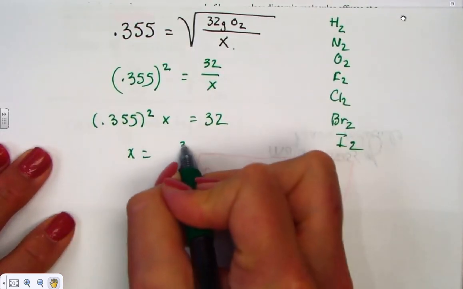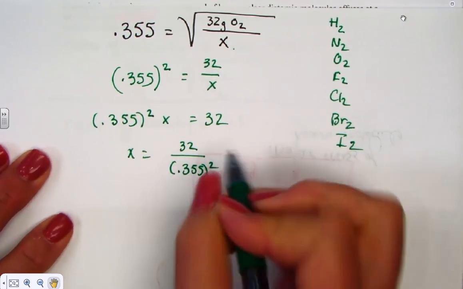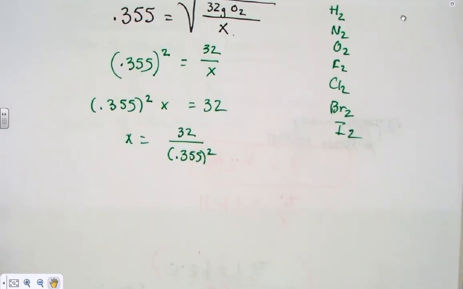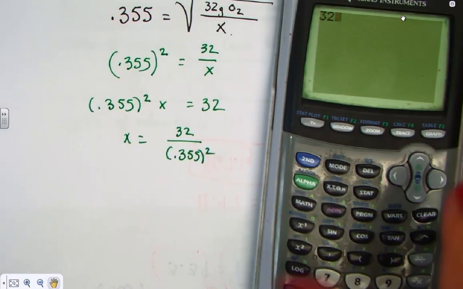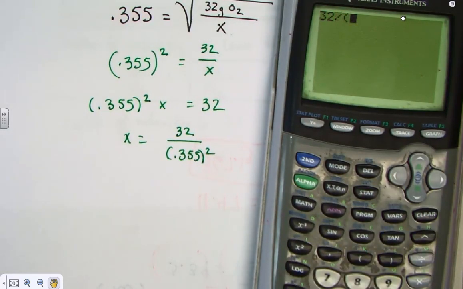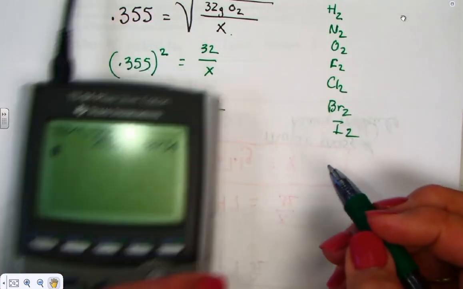X is 32 over 0.355 squared. Let's see what we find. 32 divided by 0.355 squared is equal to 253.9.